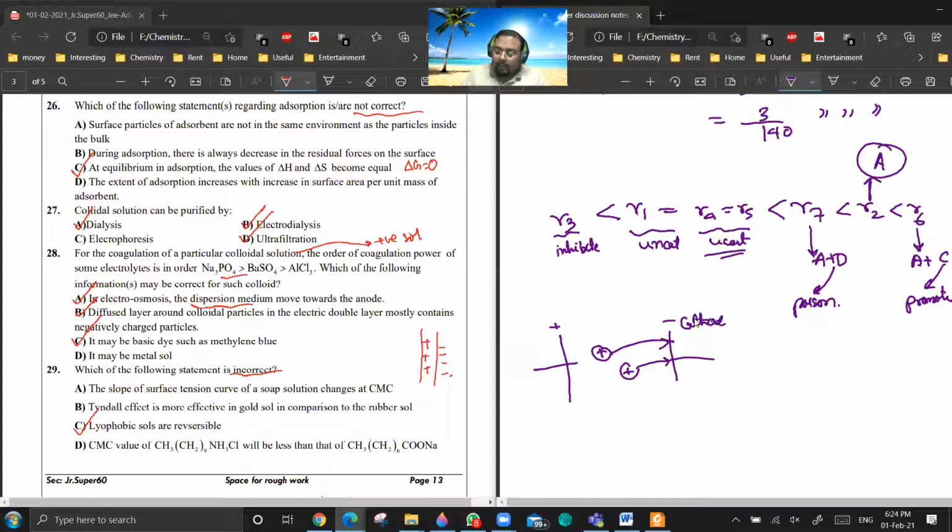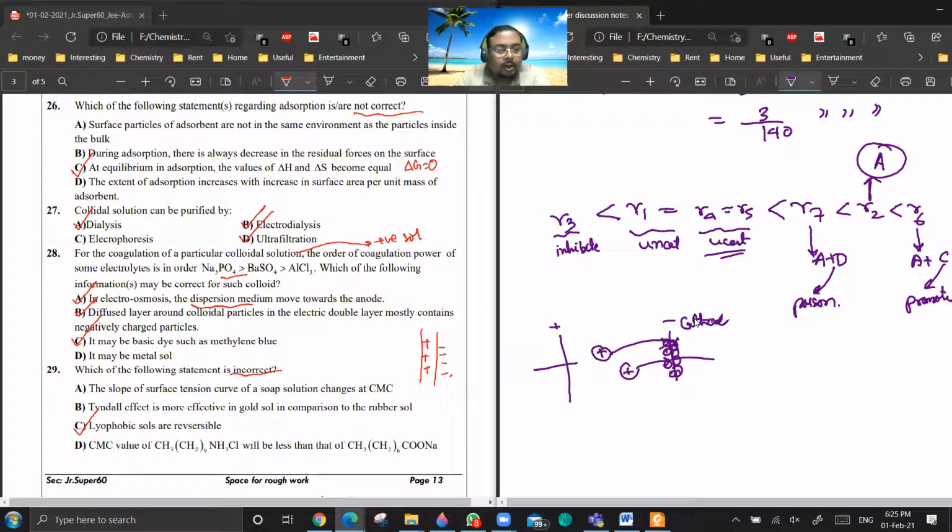The colloidal particles will start coagulating there. So it's not purification. Actually, you're destroying the colloid by coagulating the colloidal particles. That's why it's not the answer.